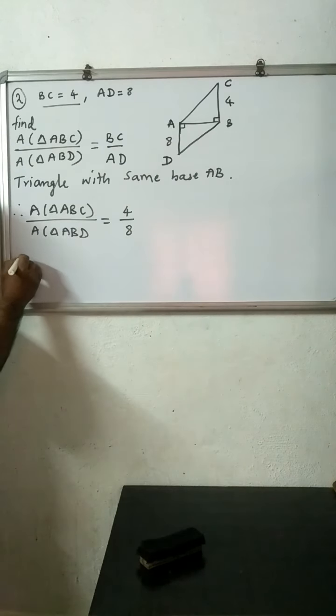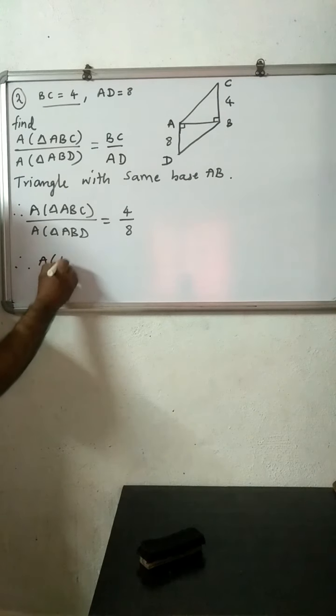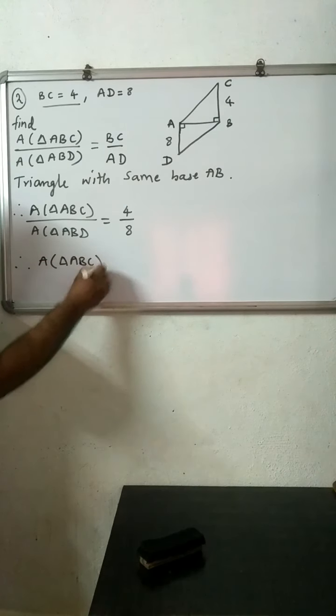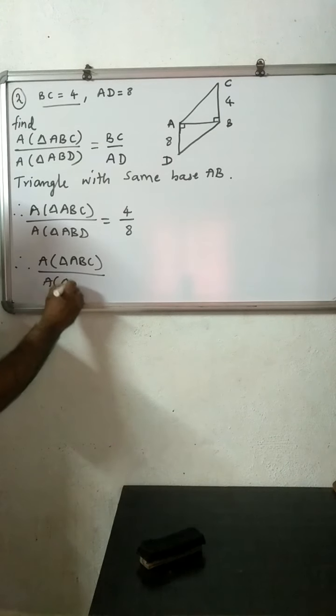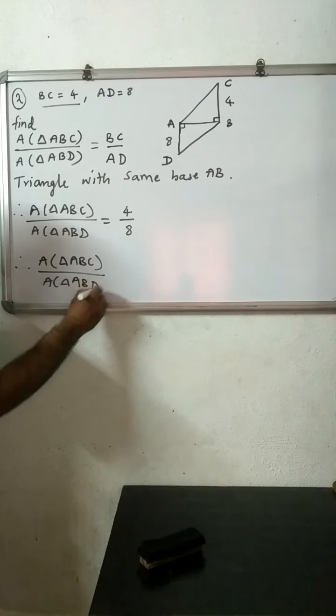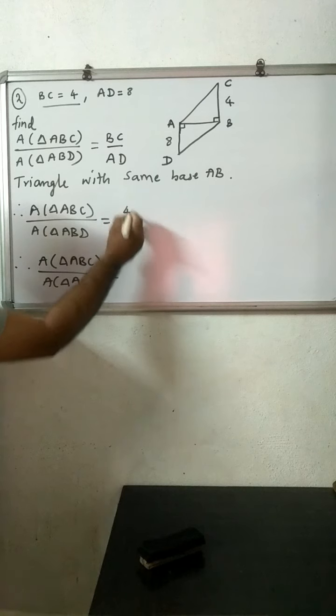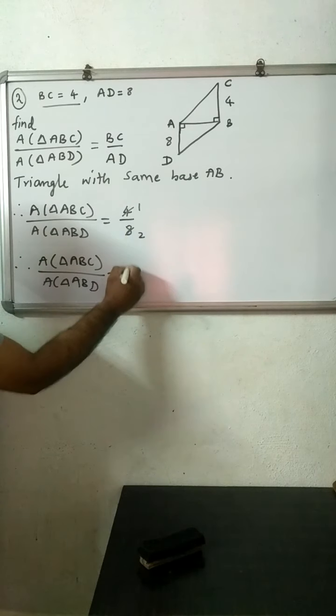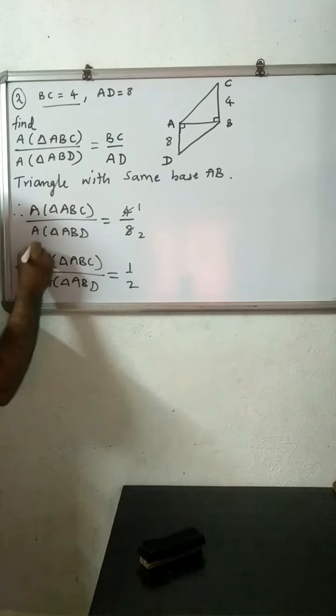That is, area of triangle ABC upon area of triangle ABD is equal to 4 1s are 4, 2s are 1 upon 2.